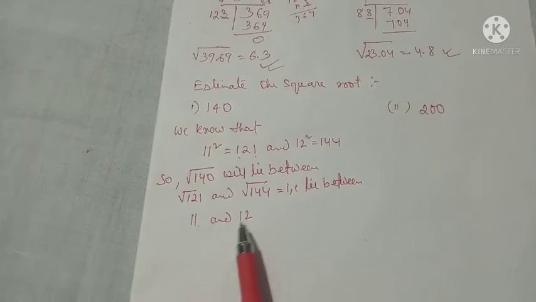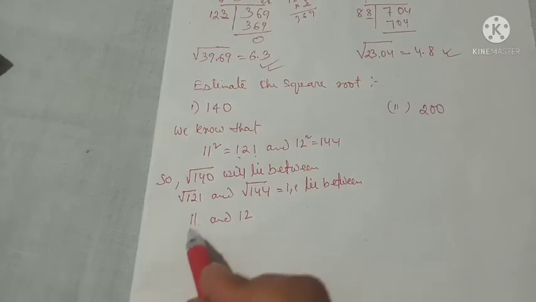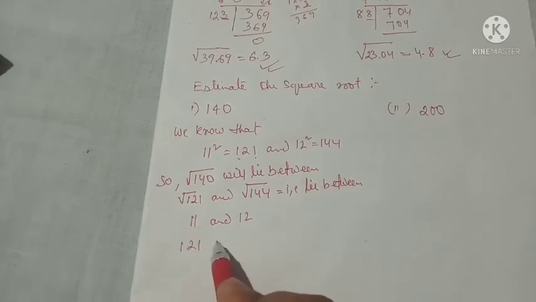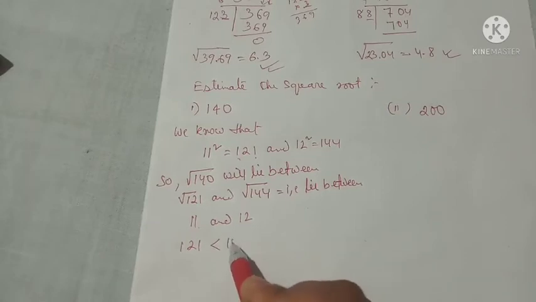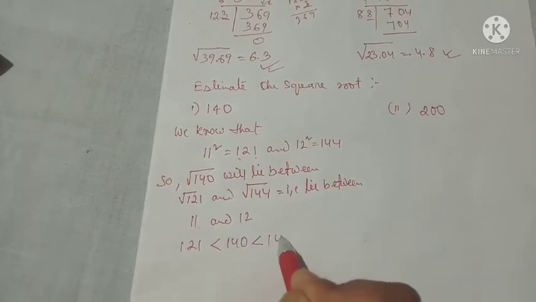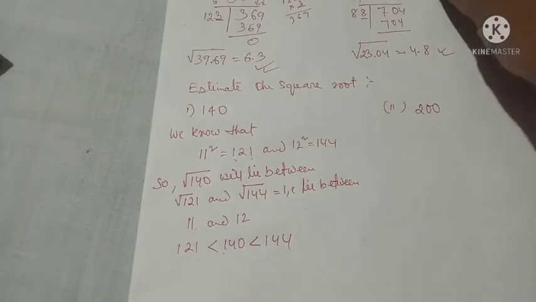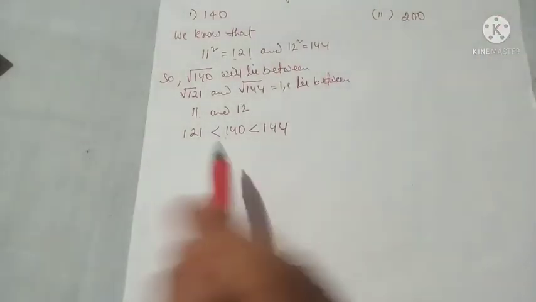But we are going to find out the exact number, whether it is 11 or 12. Now 140 lies between 121 and 144, because 140 lies between these two numbers. So now we are going to find out the exact numbers.